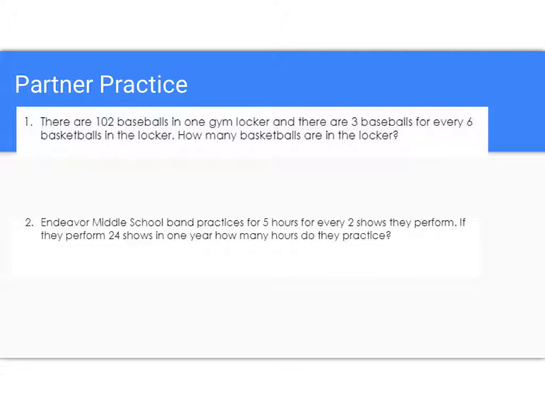And I want to look at this one extra problem because it's just a little bit different. There are 102 basketballs in one gym locker, and there are 3 basketballs for every 6 basketballs in the locker. How many basketballs are in the locker? This one's a little tricky because my target ratio is listed second.